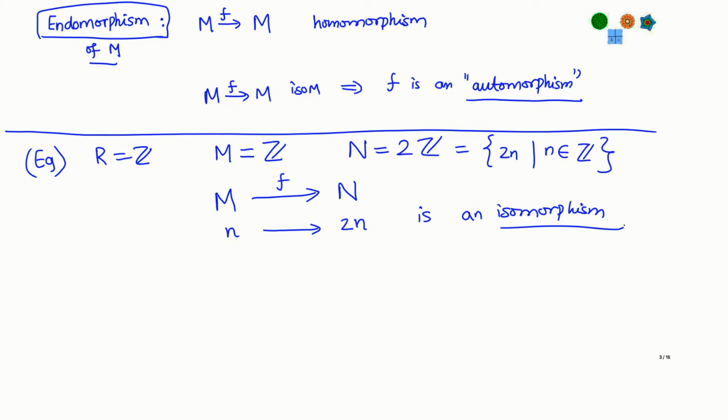So this is an isomorphism. In fact, this is not the only one. You can also construct another isomorphism between these two modules, which is n going to minus 2n. That's also an isomorphism. So when two modules are isomorphic, there is not always a unique isomorphism between them. There are often many different isomorphisms between two isomorphic modules. So that's the notion of isomorphism.